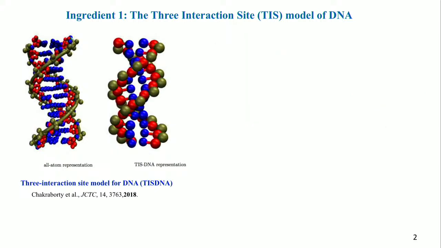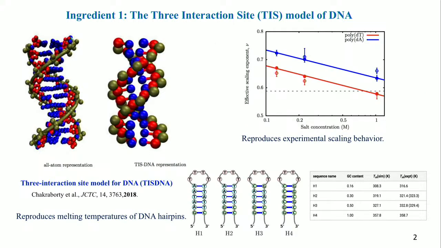And we recently showed that with this model, we can predict a lot of important properties of both single-stranded DNA and double-stranded DNA. Here I show some representative examples. If we look at 2 different single-stranded DNA molecules, poly-dT and poly-dA, we consider different lengths of poly-dT and poly-dA, and the idea was to extract the effective Flory scaling exponent nu.